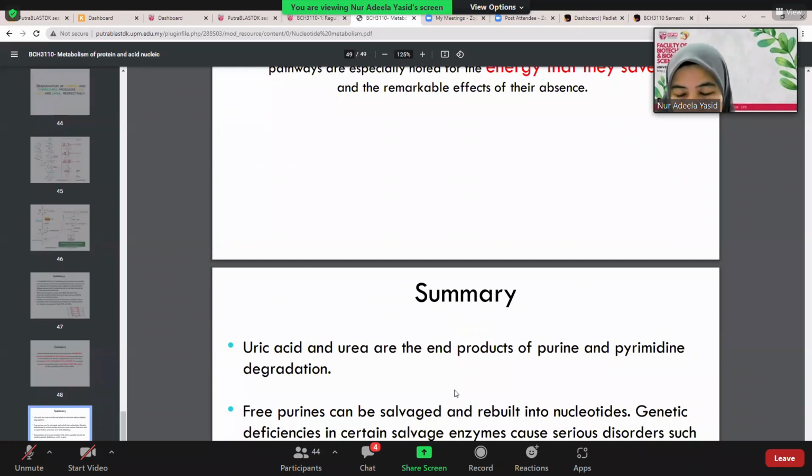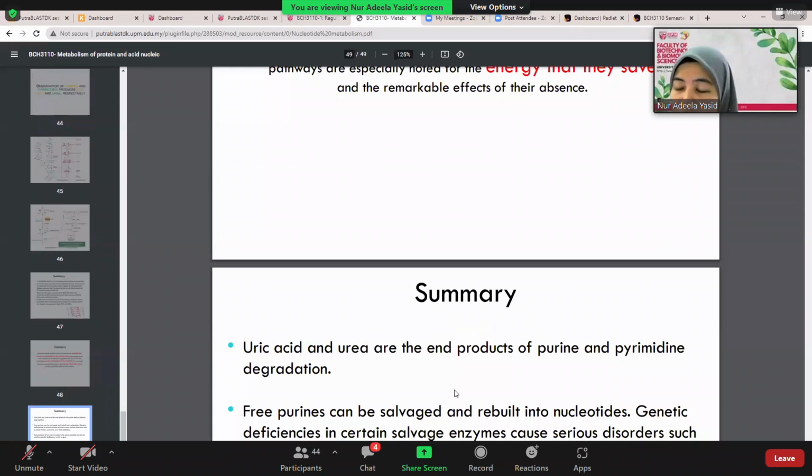I'll give you two figures that explain about regulation of purine and pyrimidine biosynthesis. Kita dah belajar pathway kan, every pathway mesti ada regulation.